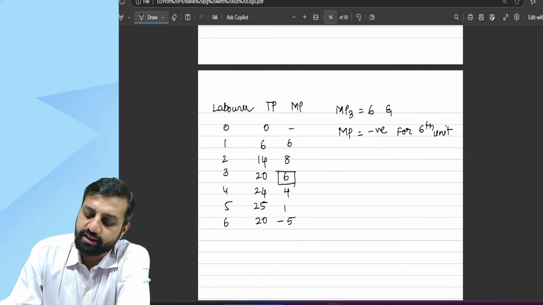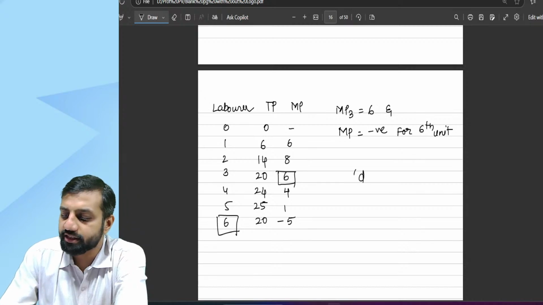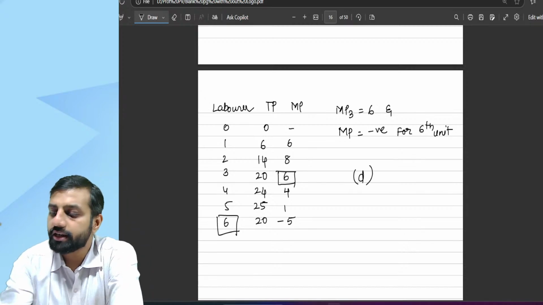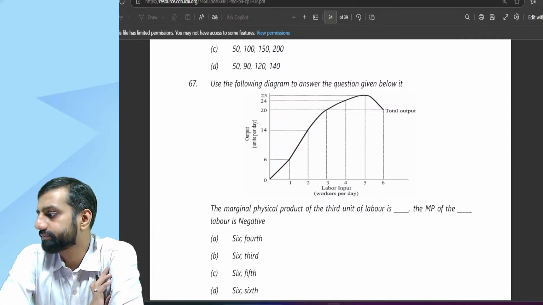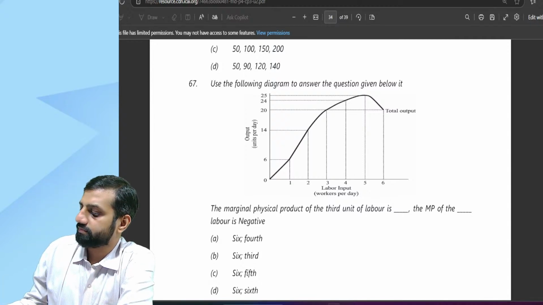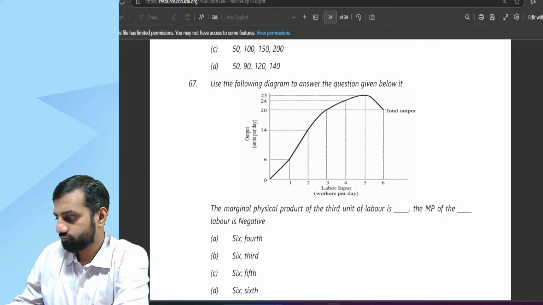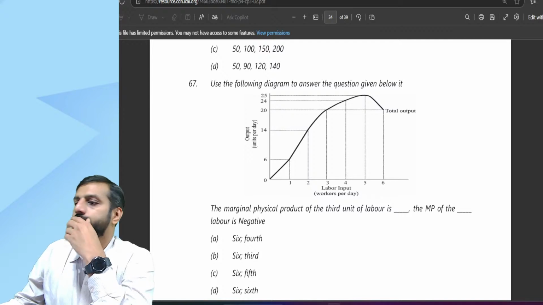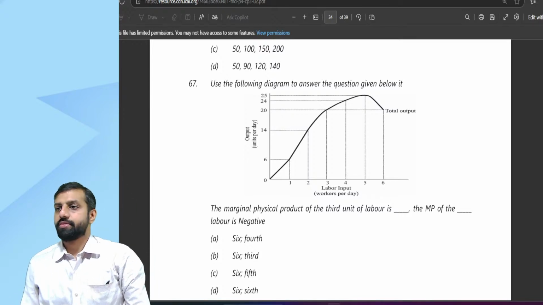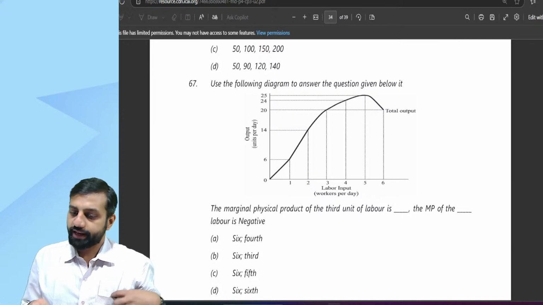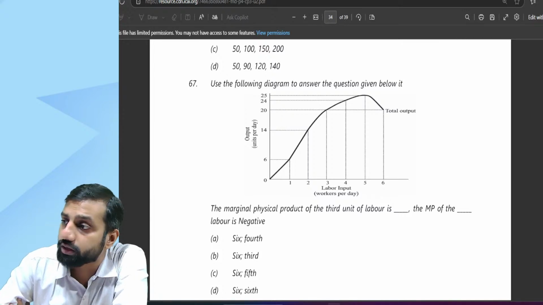So your answer is 6 and 6th. Option D is the answer, Surya. Are we clear, Surya? Then question, acha, are we clear with this one, Surya, first?